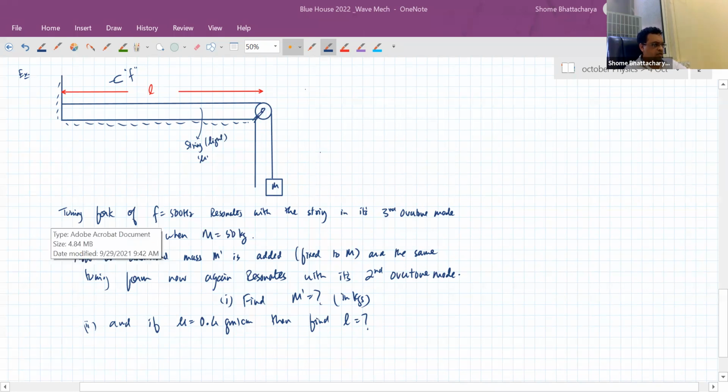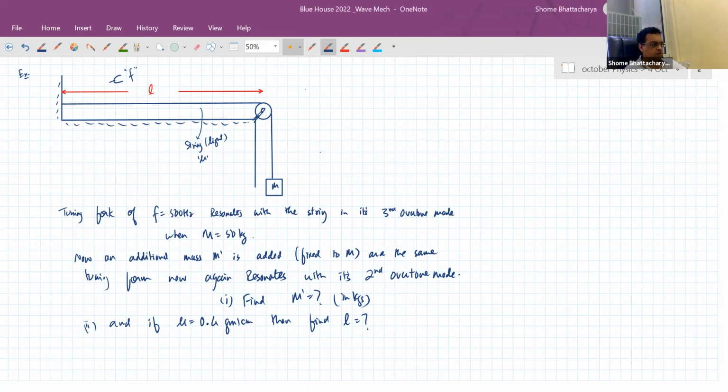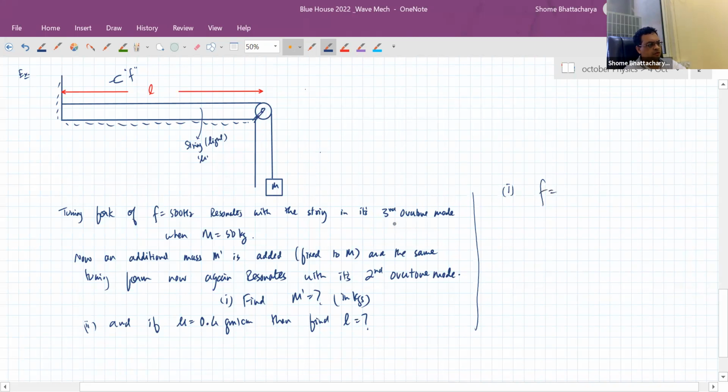Okay, so let's discuss these answers quickly. In the first case, what we are getting is that this frequency should be equal to the third overtone mode.